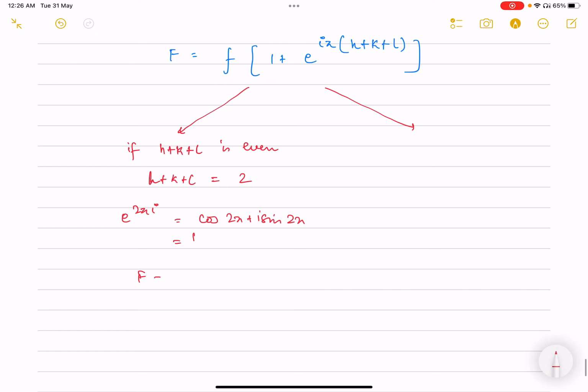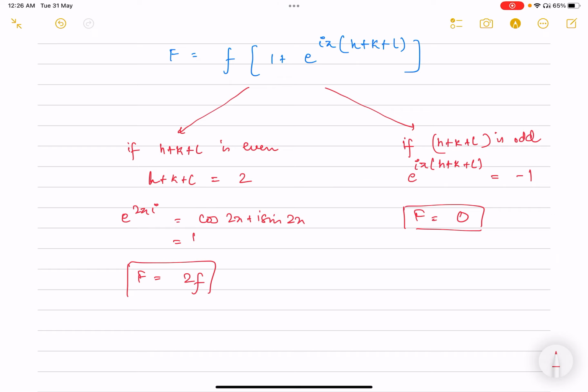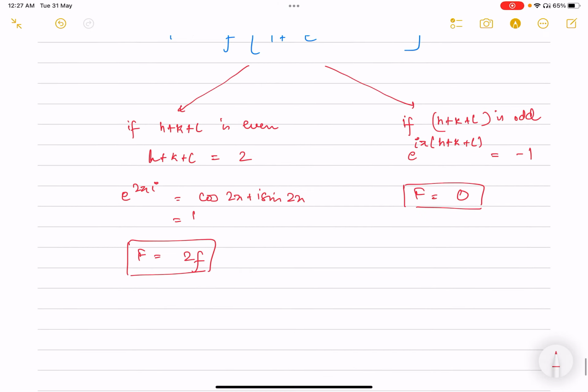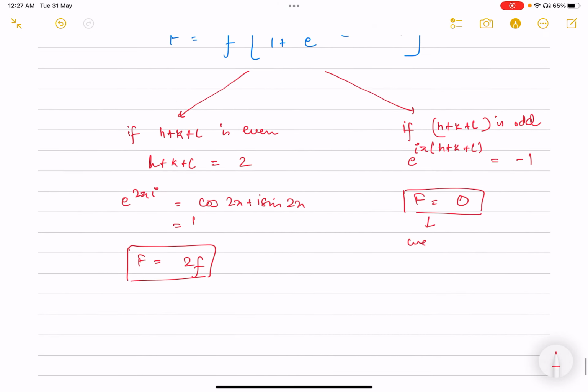So we get F equals 2f. Or if h plus k plus l is odd, then e^(iπ(h+k+l)) will be minus 1, so capital F will be effectively 0. So here we do not get any peaks.